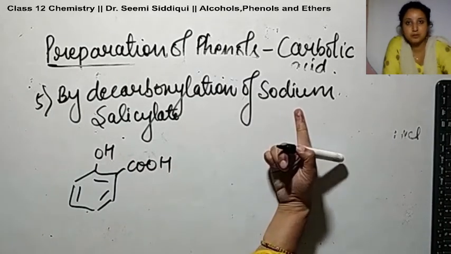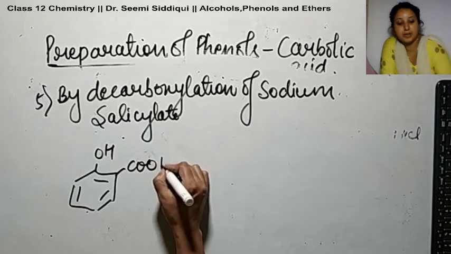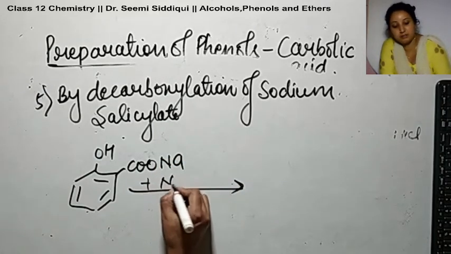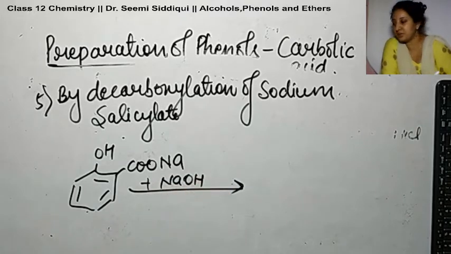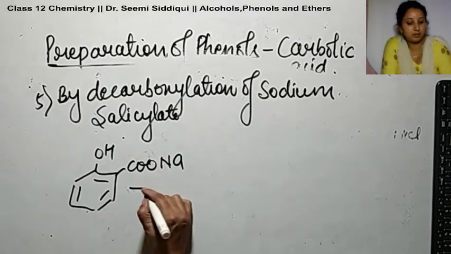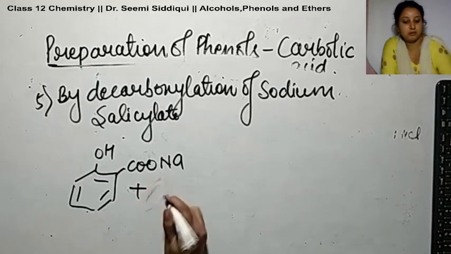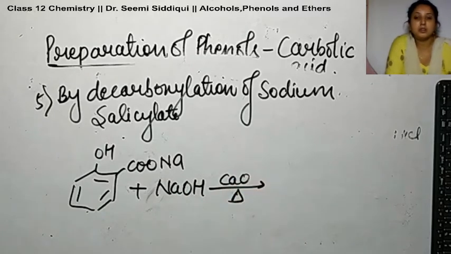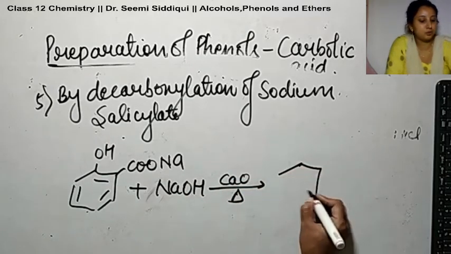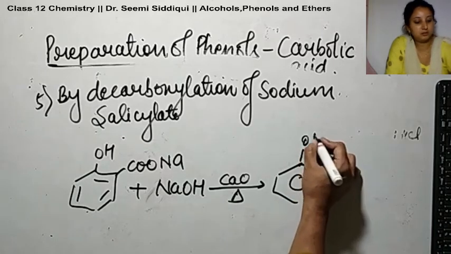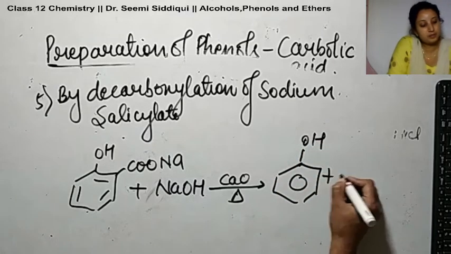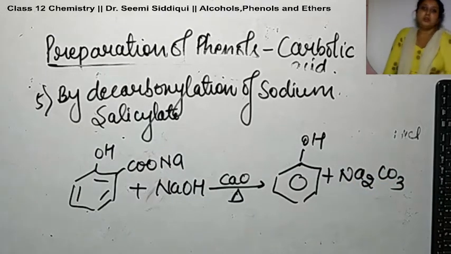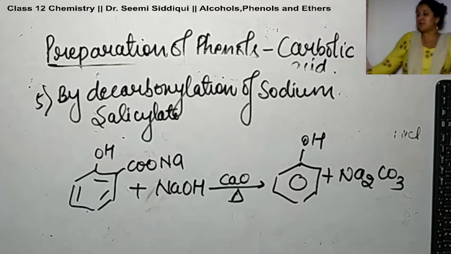When I write sodium salicylate, this H is replaced by Na. Now it is treated with NaOH in the presence of calcium oxide. So we obtain phenol plus sodium carbonate. So these five methods are the preparation of phenol.